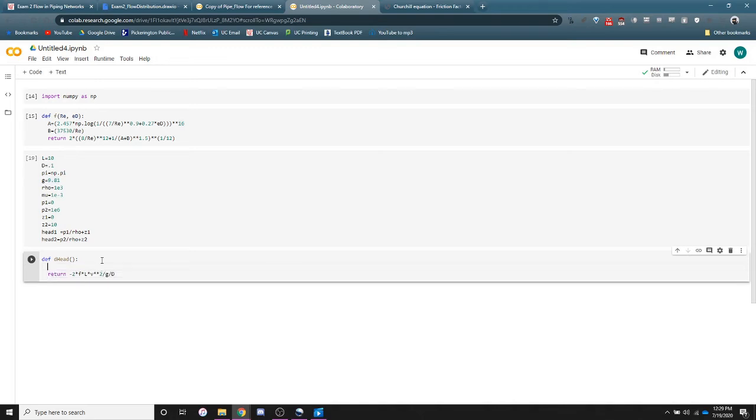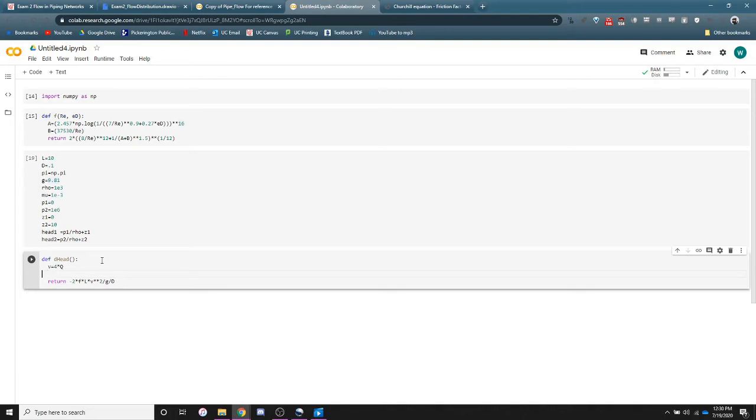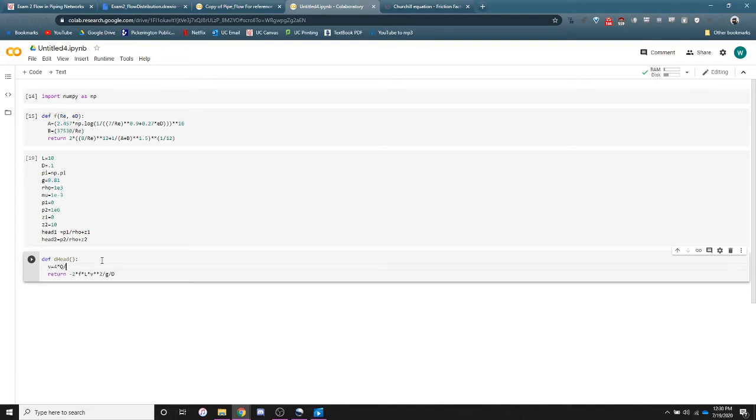First, we need to figure out what V is. Remember, V was equal to the flow rate over the area, and in that case that was 4 times the flow rate divided by pi times the diameter squared.